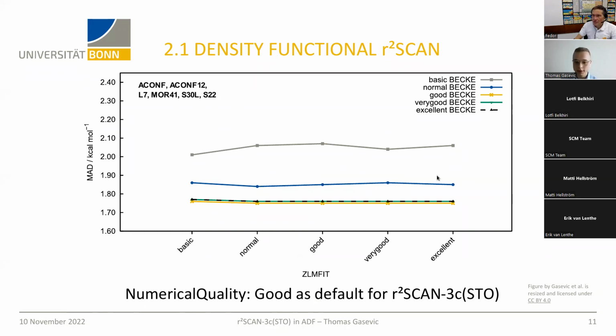If you look at the density fitting, there's actually almost no change at all if you go from left to right. But if you look at the colors, it's only converged if you take the yellow curve, so the good Becke grid. So in the end, we just settled with the good Becke grid as well as the good density fitting, just to be sure that everything works fine. Both of them are combined with the numerical quality, which is then set to good as default for r2SCAN-3c STO.